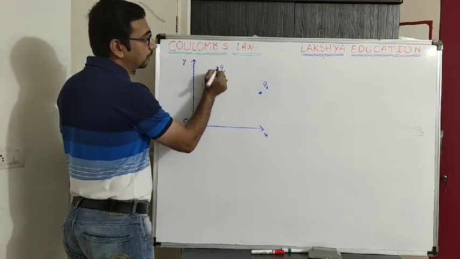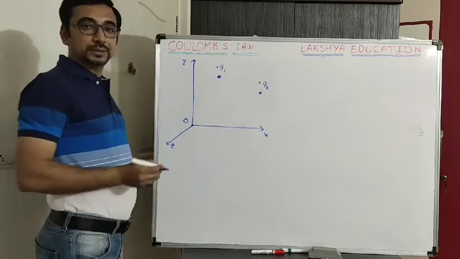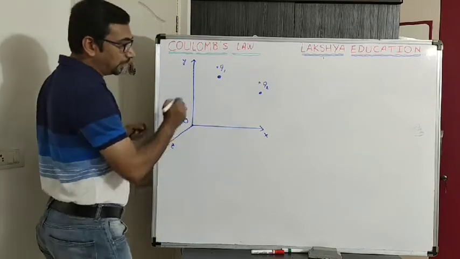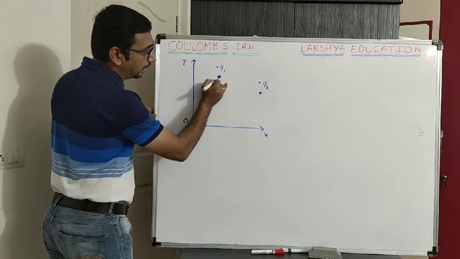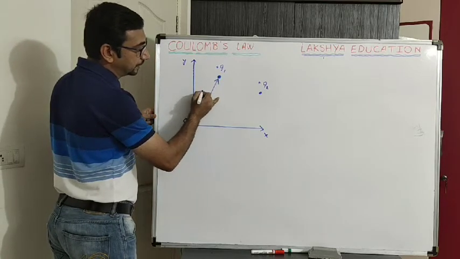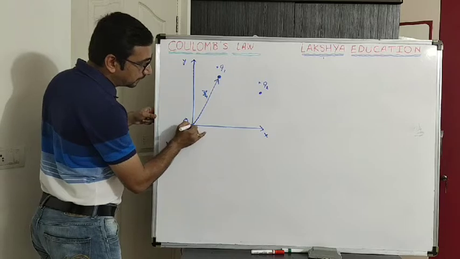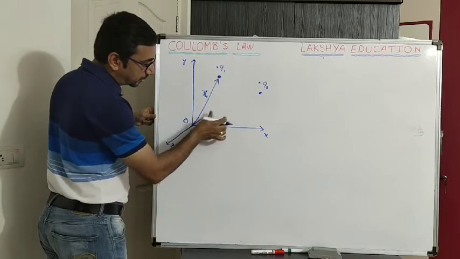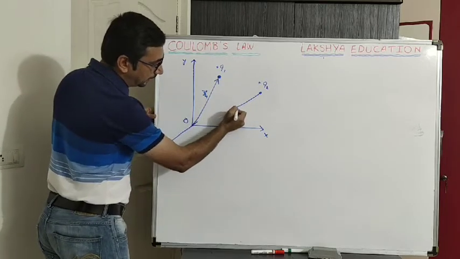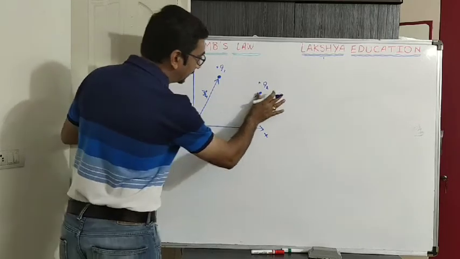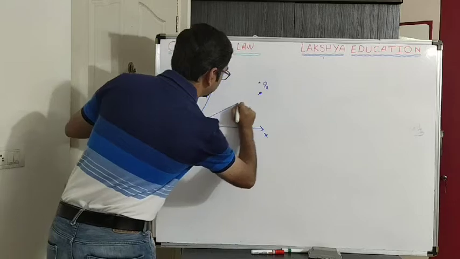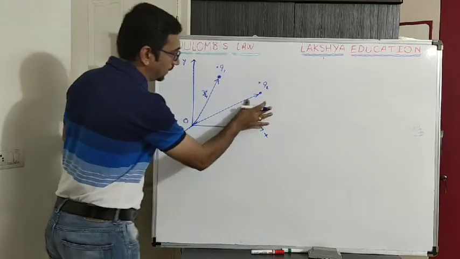Right now we are taking both the charges as positive charges. Now the position vector of charge q1 is r1, and similarly for the second charge it is r2.